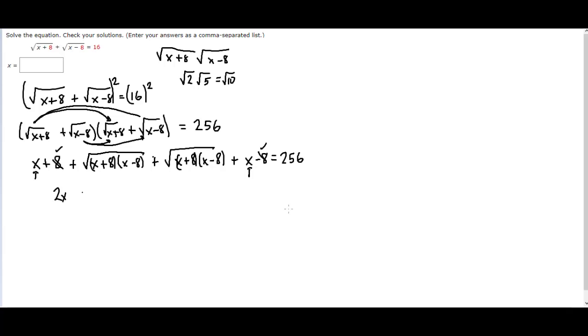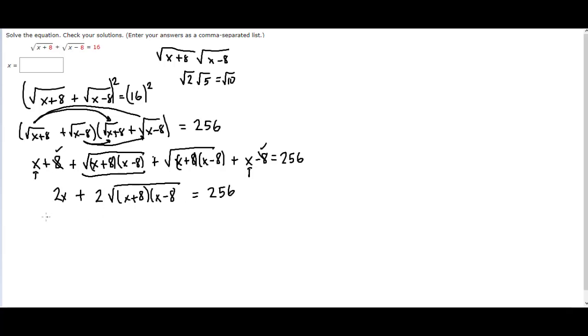Now we have a couple of unlikely like terms here in this part. This whole square root of x plus 8, square root of x, and then x minus 8 in the radical, there's two of those, and they're the same thing. So just like x plus x is 2x, this radical plus this radical being the same radicals is 2, and we can write square root of x plus 8, x minus 8 in the one radical. And then on the far side we have 256.